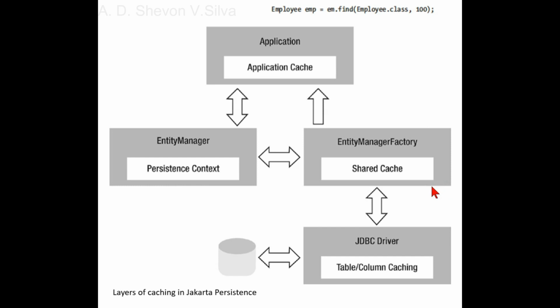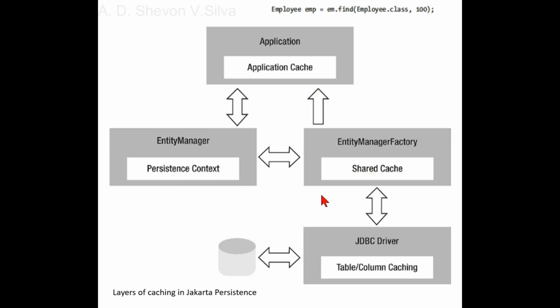If it does, a new Employee instance with ID 100 is created from the shared one and inserted into the persistence context, and the new managed instance is returned to the caller.